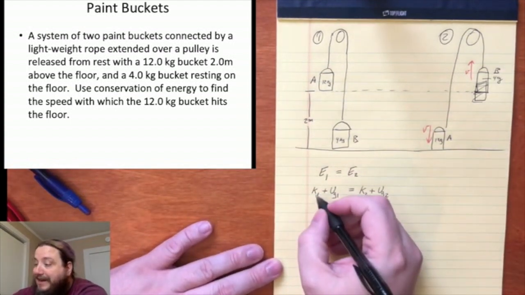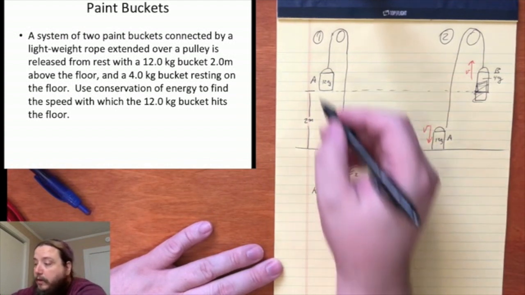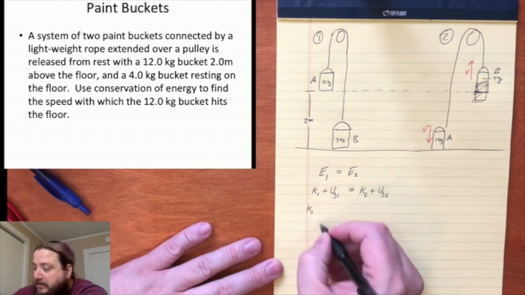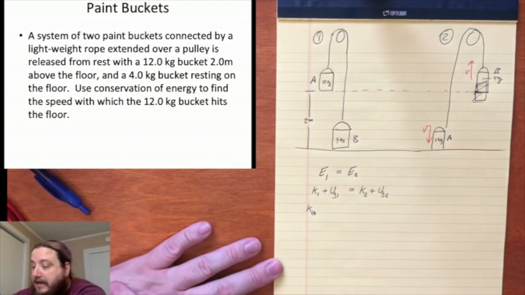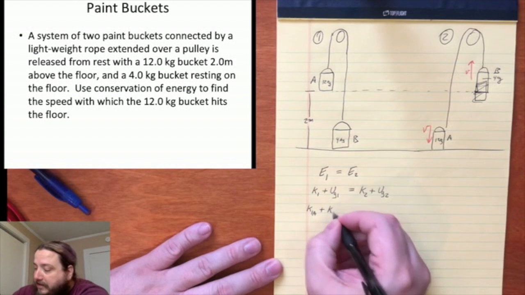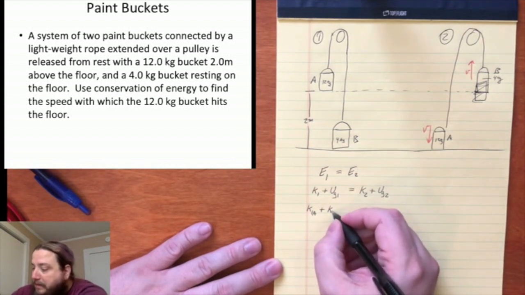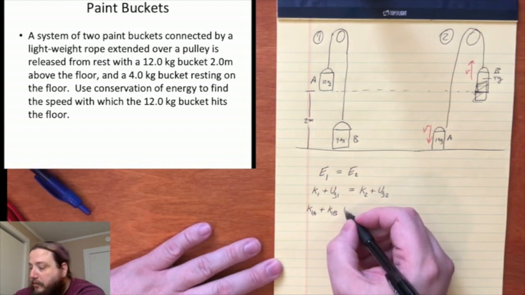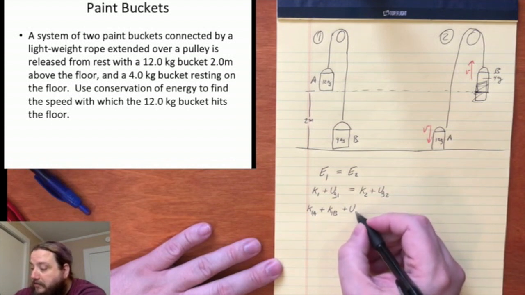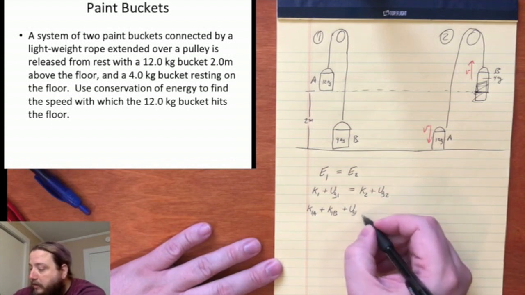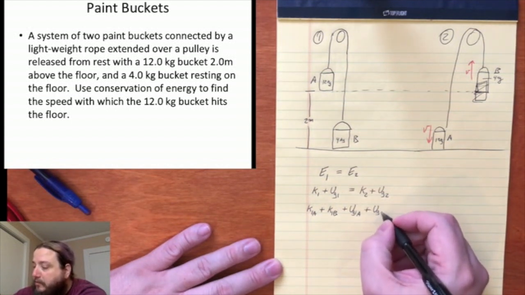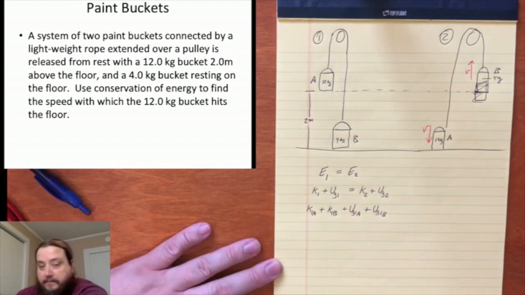So the kinetic energy at moment 1, well, we can say that's the kinetic energy of bucket A at moment 1 plus the kinetic energy of bucket B at moment 1. And the gravitational potential energy at moment 1, that's going to be the gravitational potential energy at moment 1 of bucket A, and the gravitational potential energy at moment 1 of bucket B.